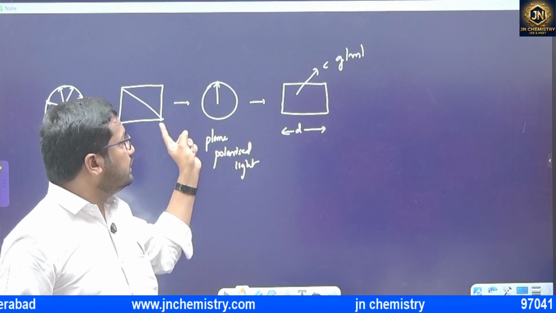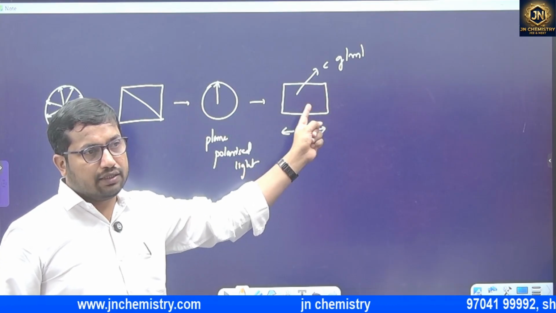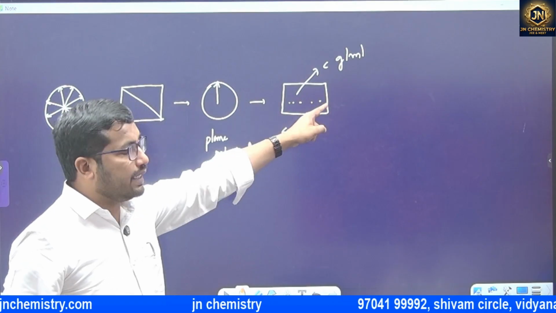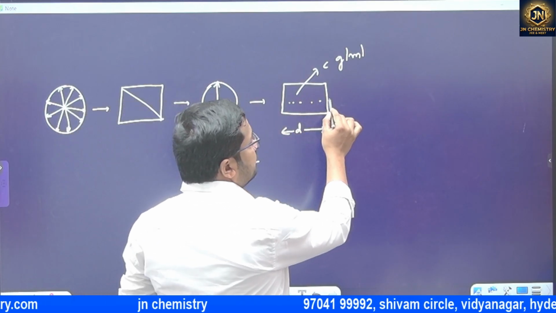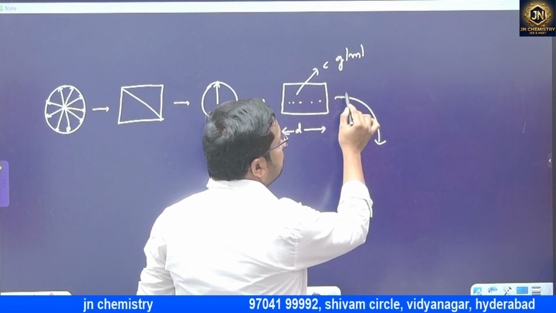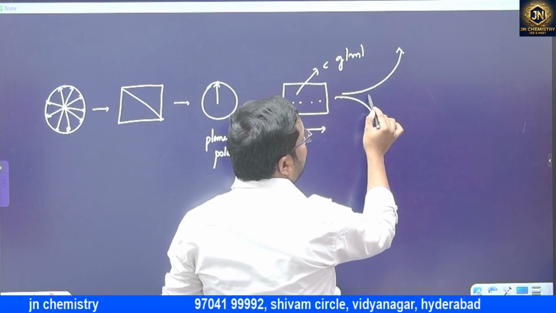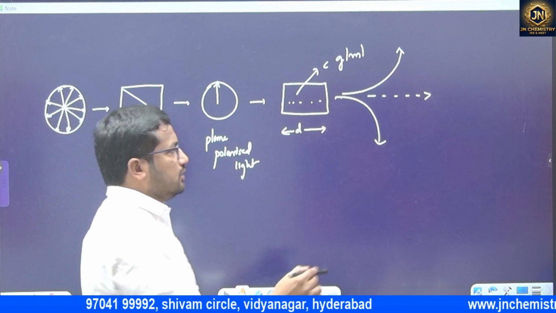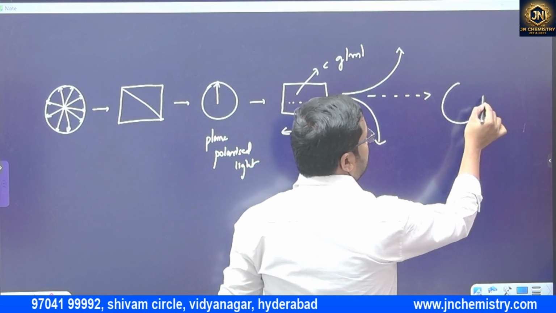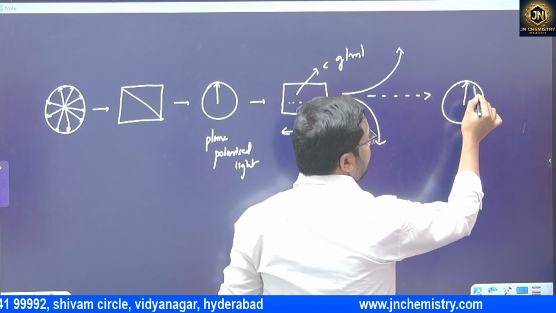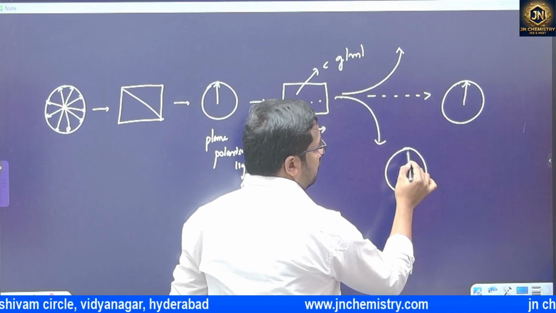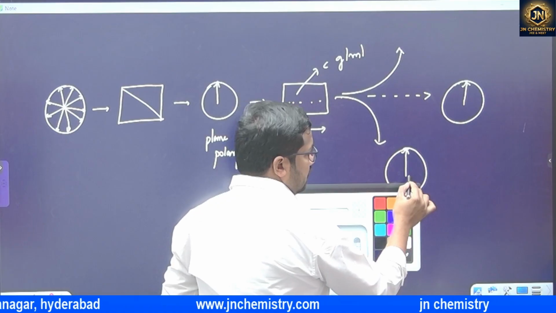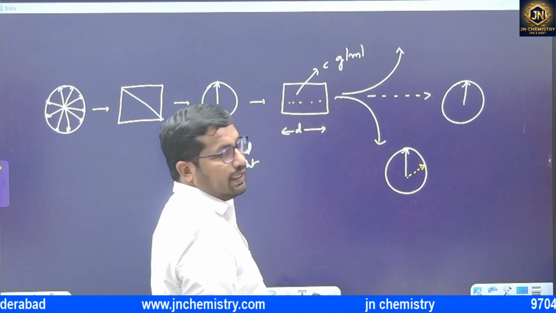So we are passing the plane polarized light like this. When the light is passing this solution, here the light rotates clockwise direction or anti-clockwise or goes straight. For example, it's moving right side direction, like this, right side.